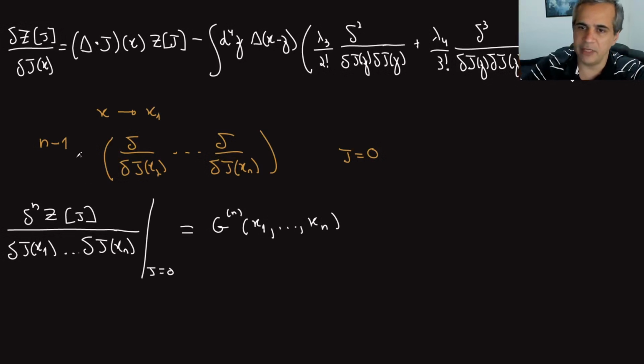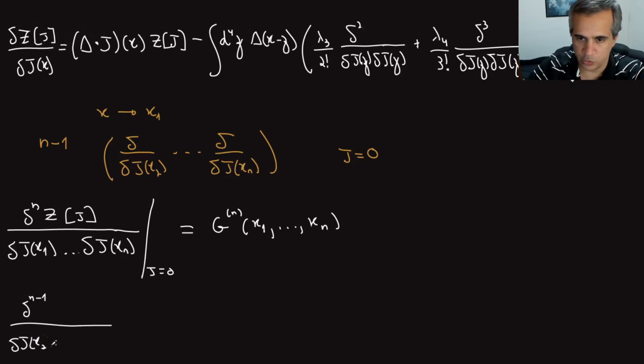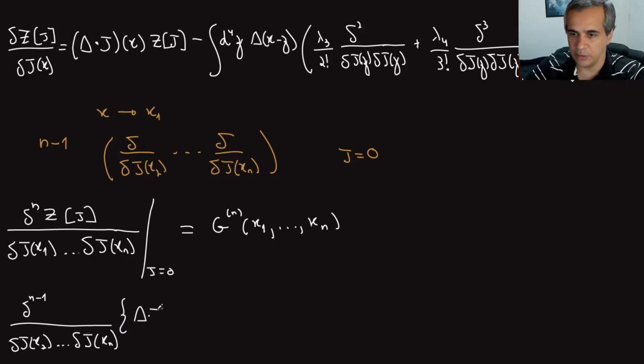When I do n minus 1 derivatives here, I'll get del n minus 1 derivatives of del j x2 going all the way to del j of xn. It does not start from x1. And this is acting on delta j of x, z of j.